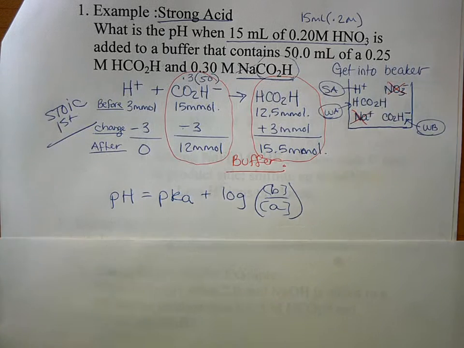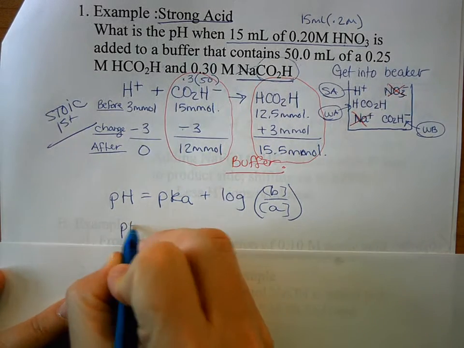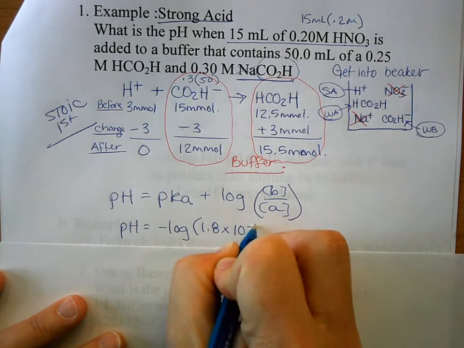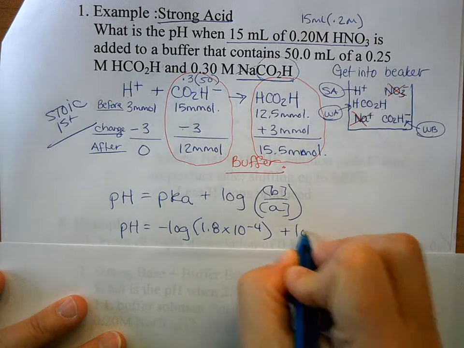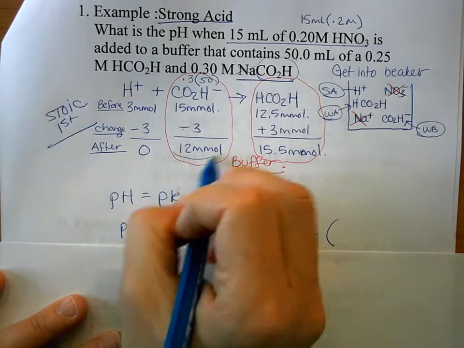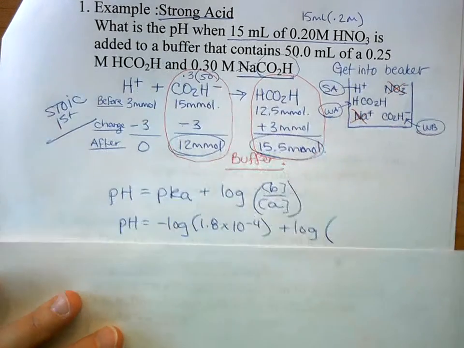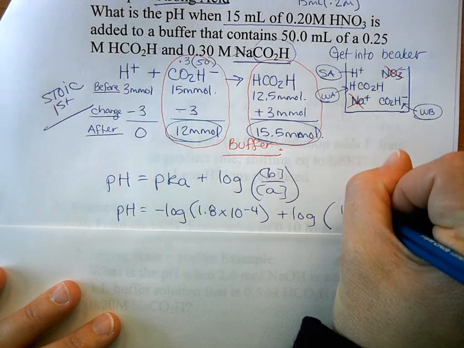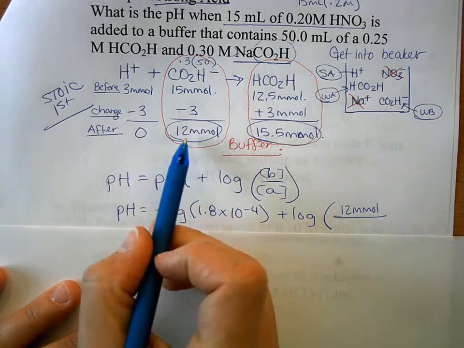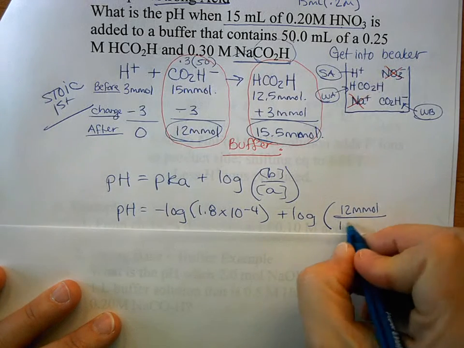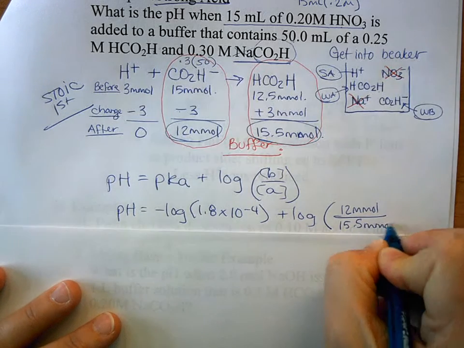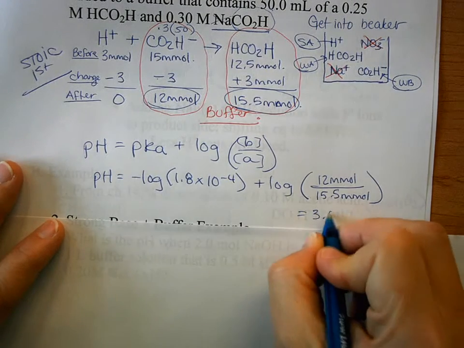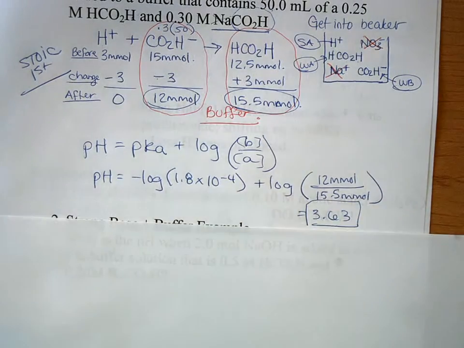You would need to look up the Ka value, but that Ka value is 1.8 times 10 to the negative 4 plus the log of, now here I'm going to use my after the reaction happens millimoles, so 12 millimoles, which is from my base, over my acid, 15.5. Remember, with buffers we could just plug in millimoles, it works just fine. And then you get 3.63 as your pH.